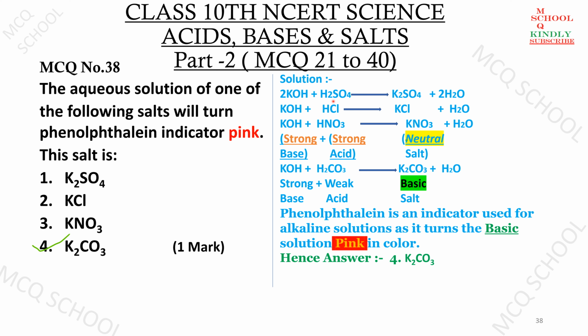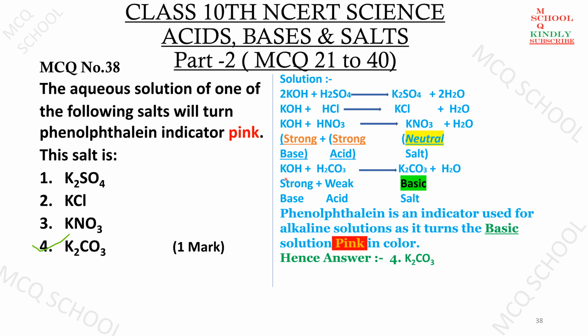potassium sulfate comes from a strong base and strong acid, that is potassium hydroxide and sulfuric acid. And potassium chloride also comes from the combination of potassium hydroxide and hydrochloric acid, that is also strong acid and strong base. Similarly, potassium nitrate comes from potassium hydroxide and nitric acid. All of these, first, second and third, are neutral salts.